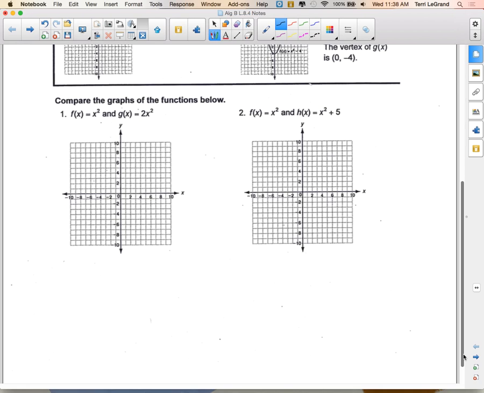Use the x key, which is next to the alpha key, and the squared key to square it. Now in y sub 2, we're going to put the g of x function, which is 2x squared.